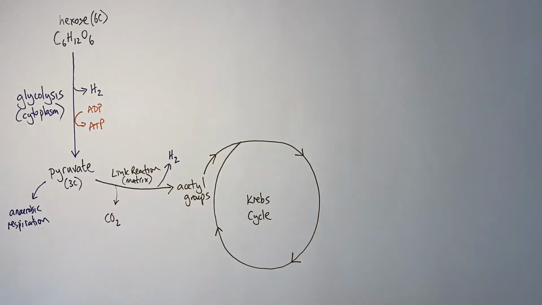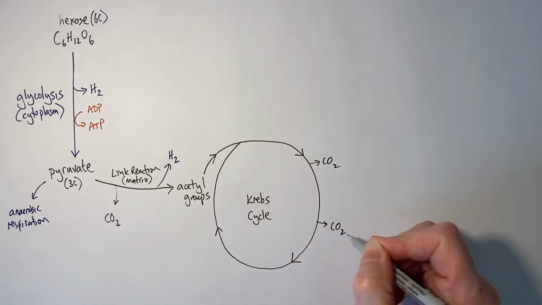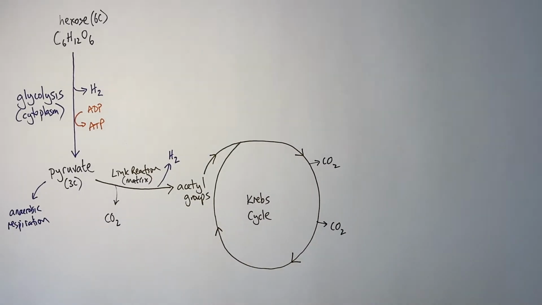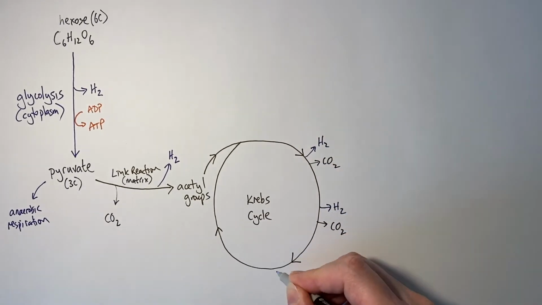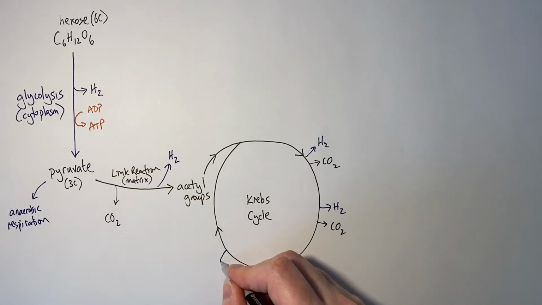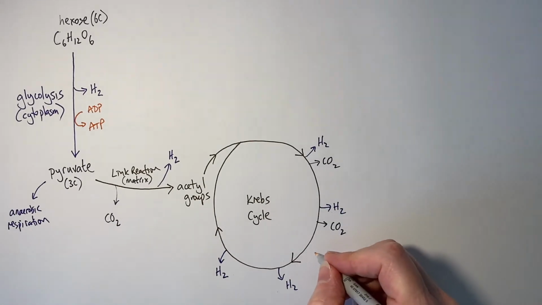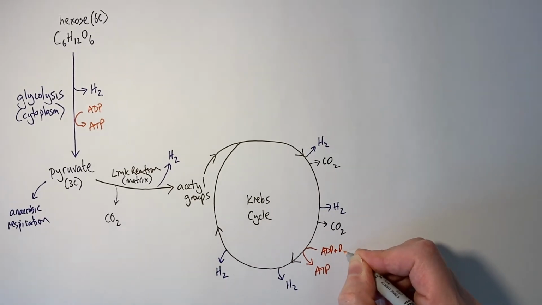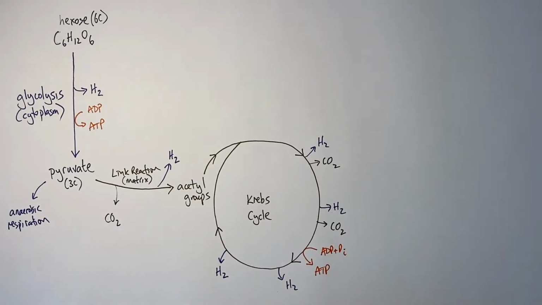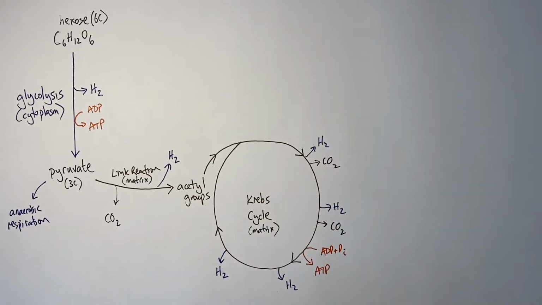Now, a number of things happen during this. We get some carbon dioxide released. We get some more hydrogen, quite a bit of hydrogen released actually, in different places. We even get a little bit of ATP made. So that too is taking place in the matrix of mitochondria.